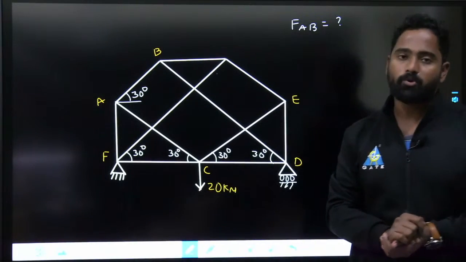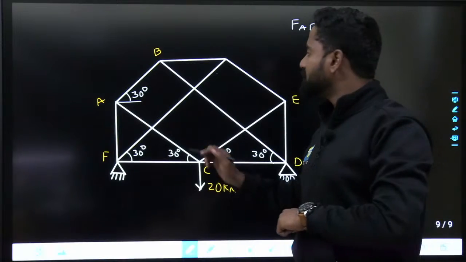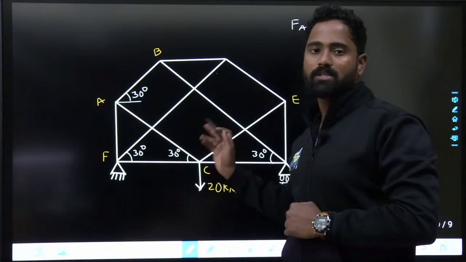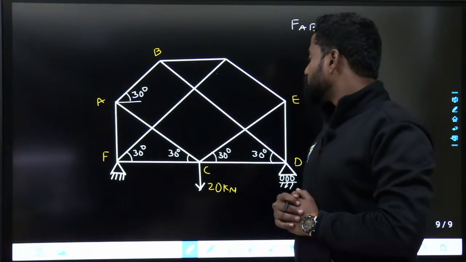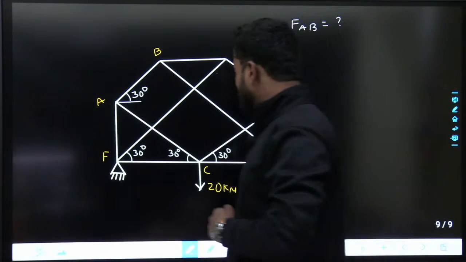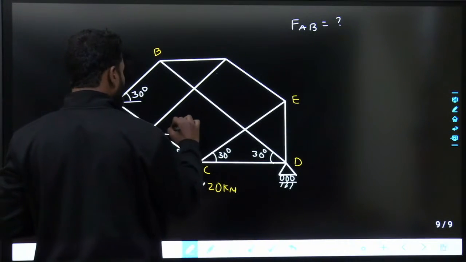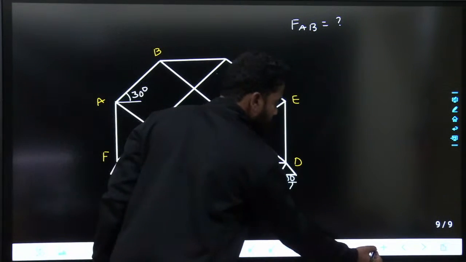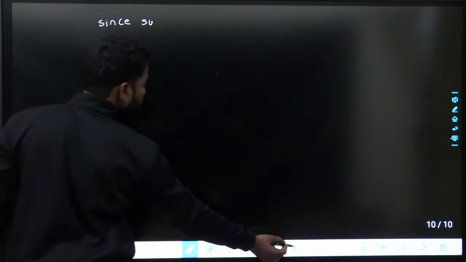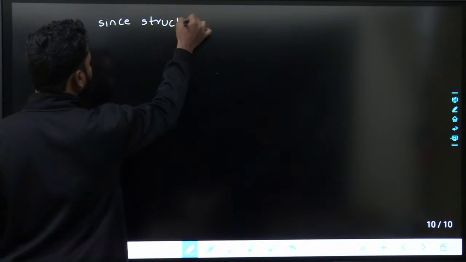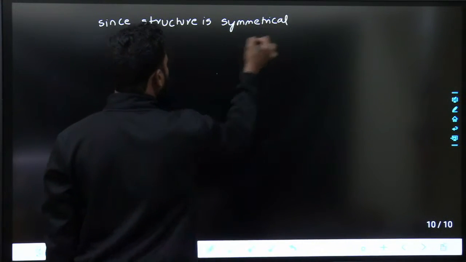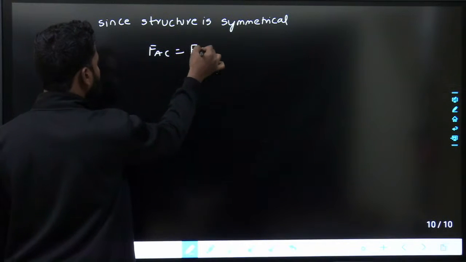It's okay. Now you can learn. See, the structure is symmetrical with respect to the 20 kilonewton load, symmetrical on both sides. So since the structure is symmetrical, I can write force in AC equals force in CE.